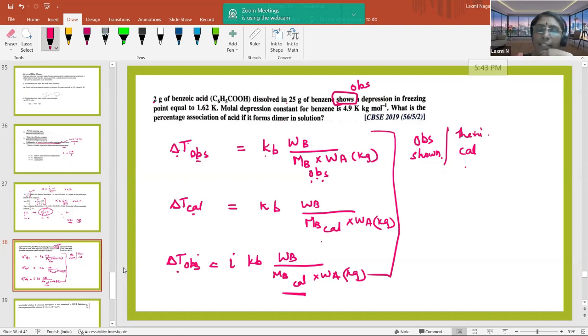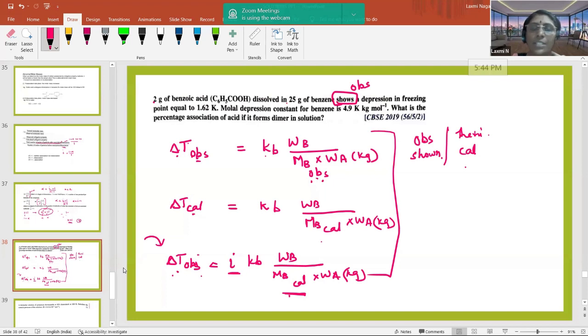So even if you substitute the calculated molar mass, once you have corrected it, you will be getting the observed colligative property. Or in other words, if you have taken an observed colligative property and you are trying to arrive at the correct molar mass, the correct molar mass can be achieved only by introducing the correction factor into it. So you can use these terms.